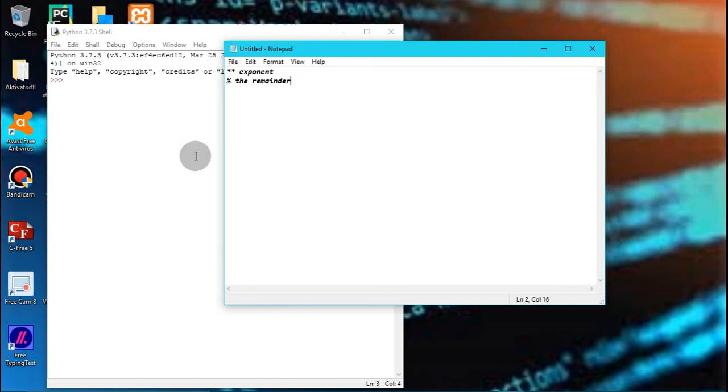And we have the float quotient, or the integer division, which is the double forward slash.